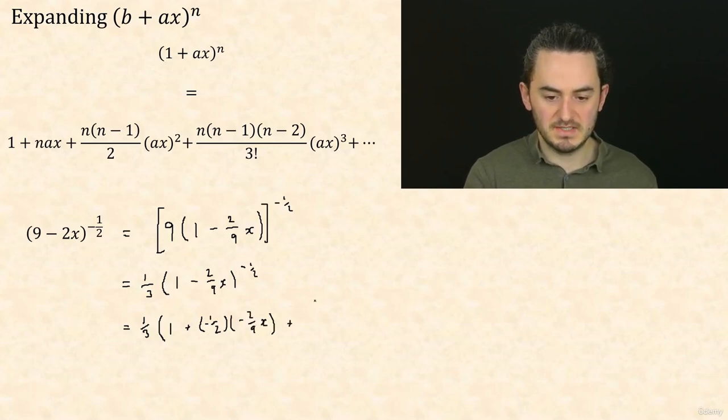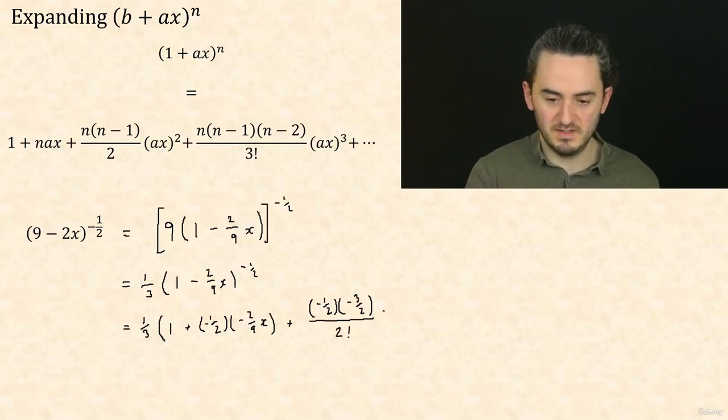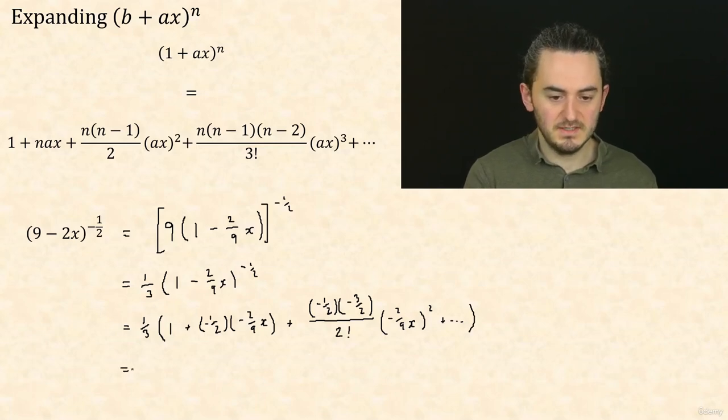And my next term is n, so that's minus a half, n minus 1, which is minus 3/2, over 2 factorial, which is just 2, multiplied by negative 2/9 x all squared. And yes, we could go on, but I'm not going to. Neatened up, that is 1/3, and then I've got 1, and what have we got here? Minus a half times minus 2/9 is plus 1/9 x.